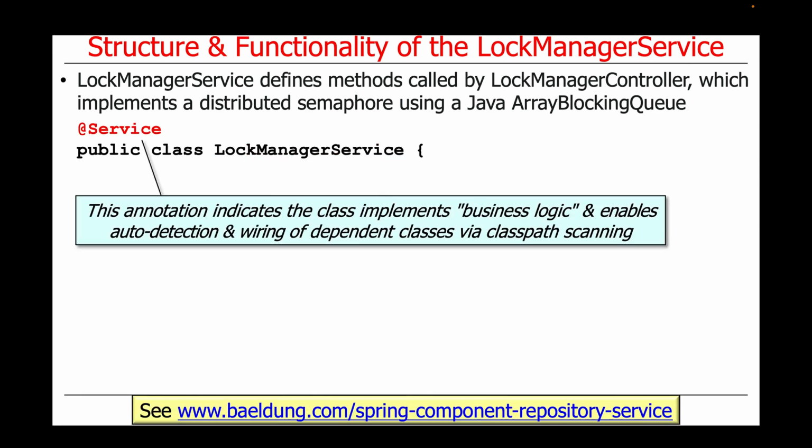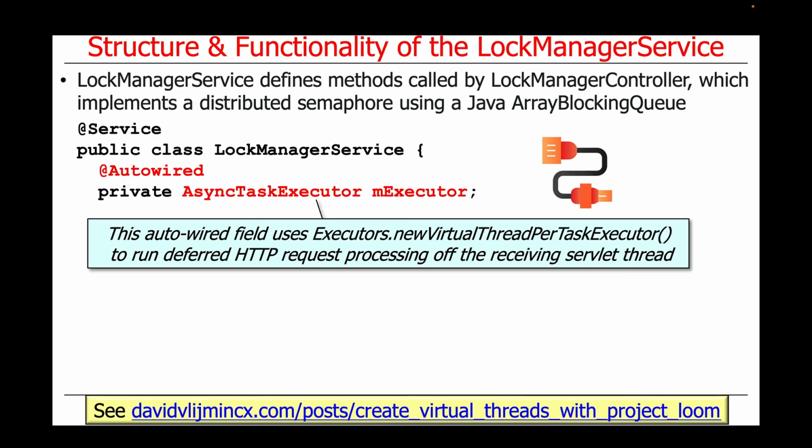As usual, we put an annotation that indicates that this class implements the business logic of our LockManager application microservice and enables auto-detection and wiring of dependent classes using class path scanning. There are two auto-wired fields that are part of LockManager service.